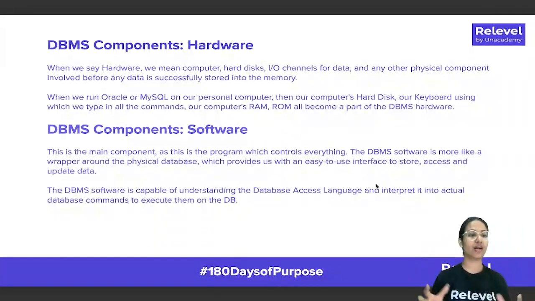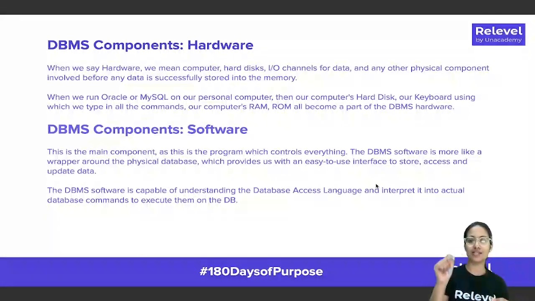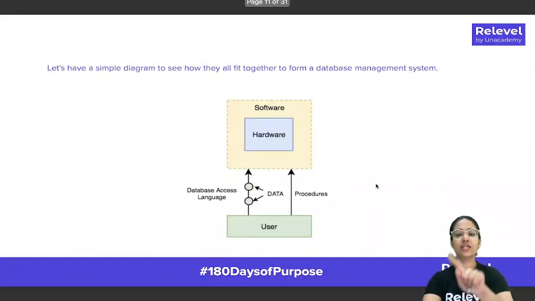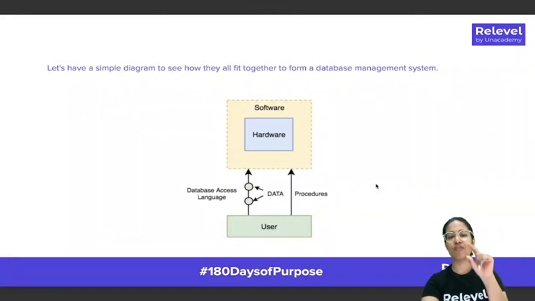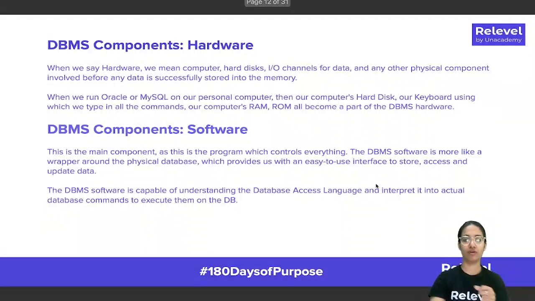You made a software around it, and that software is interacting with the physical database to basically make sure that you have access to everything. And the software is designed in such a beautiful way that it's very easy to access the information. The tools are designed in a very user-friendly way. So that is why here in the image also you will see that software is basically like a wrapper on top of hardware, okay? So that's how it basically works.